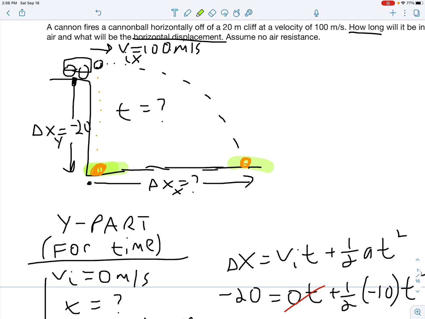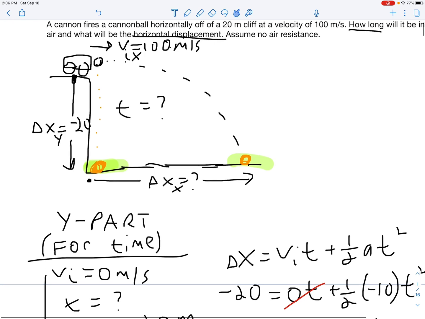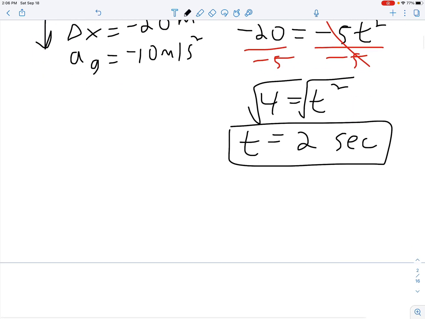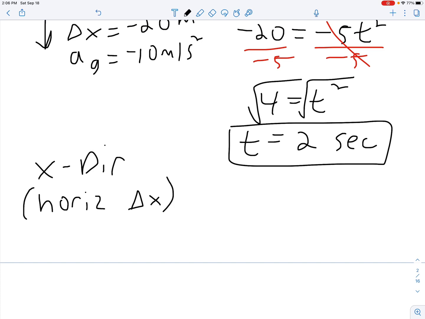So 2 seconds. Awesome. Now I'm going to do the x direction, and I'm going to use this to find the horizontal displacement or distance. So what do I know? I know the velocity in the x direction.